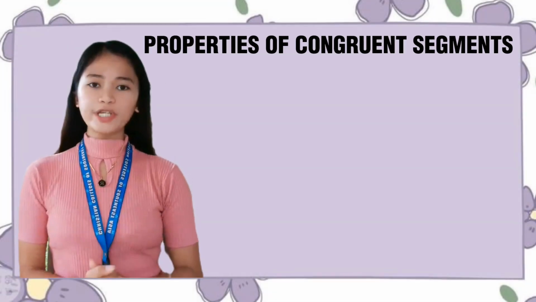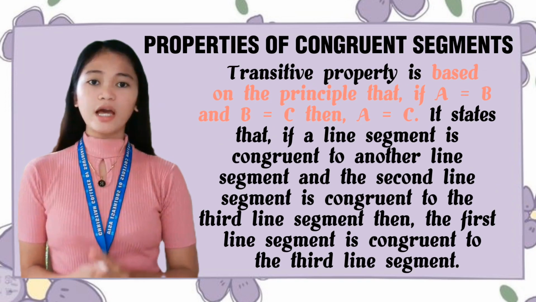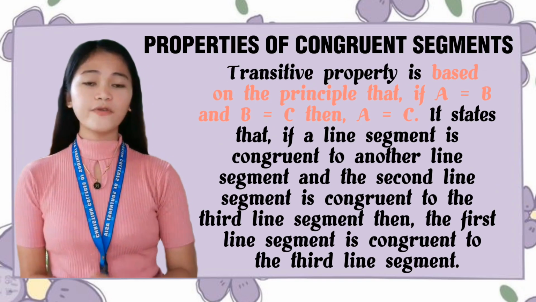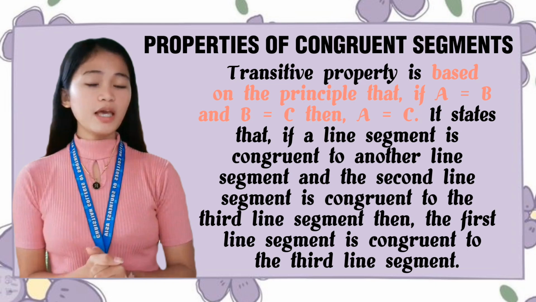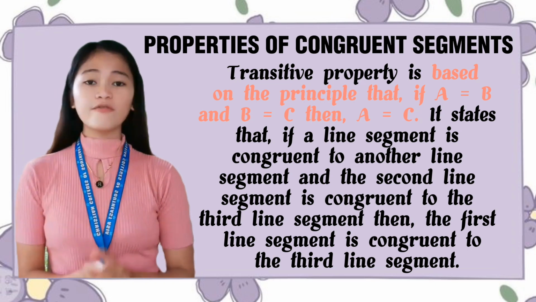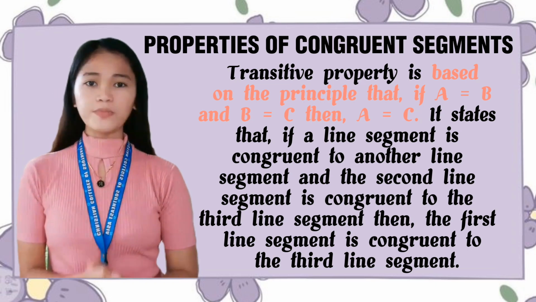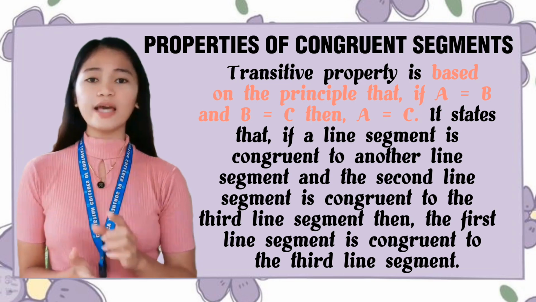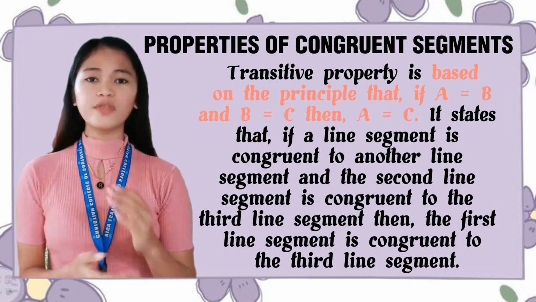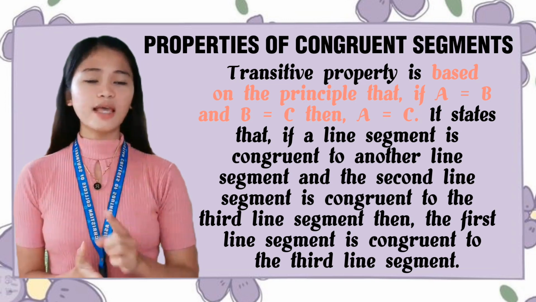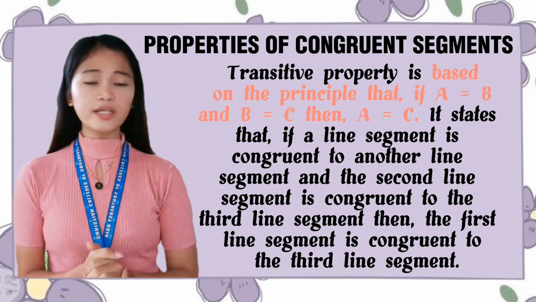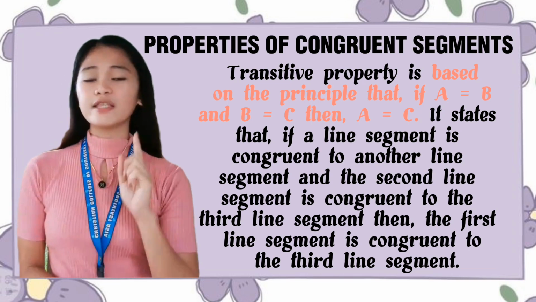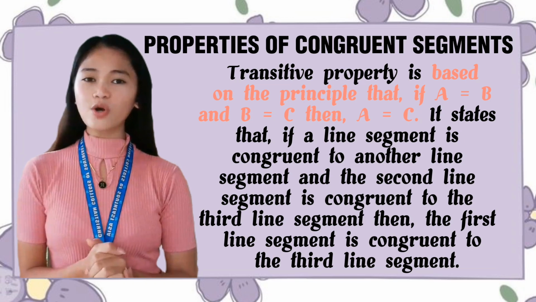The last property is the transitive property. It is based on the principle that if A is equal to B and B is equal to C, then A is equal to C. It states that if a line segment is congruent to another line segment, and the second line segment is congruent to a third line segment, then the first line segment is congruent to the third.